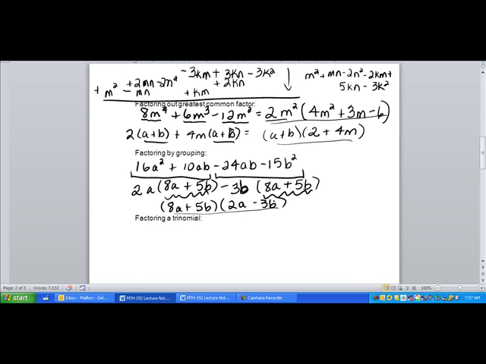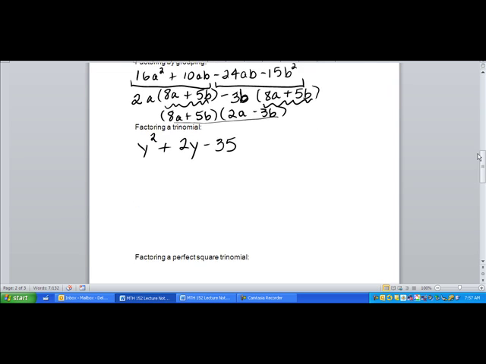Okay, factoring a trinomial. We'll start with a trinomial that has a leading coefficient of 1. And you should have done all of this that I'm going over in your algebra classes, but I'm trying to review each type just to refresh your memory. Okay, so when the leading coefficient is 1, we can go straight to two sets of parentheses.